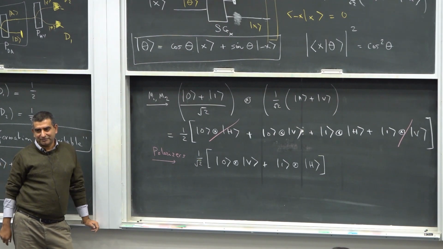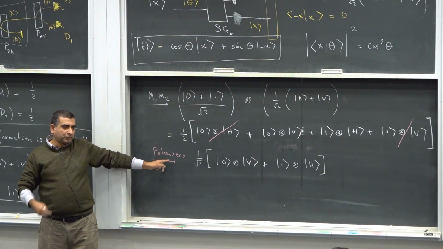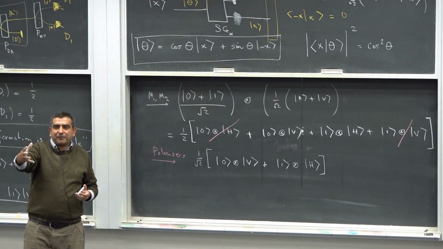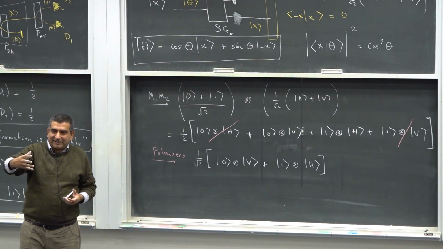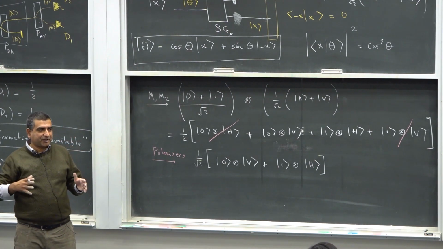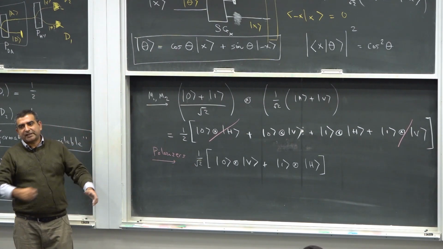Yeah, any confusion? This is not equal to, this is what the state propagates to. So when you have some part going away, it's a loss. Loss measurement cannot be represented in this fashion where you just keep all the coefficients preserved. Every state has to be normalized. So this is our new quantum state.